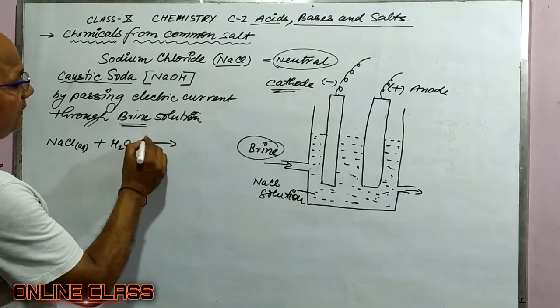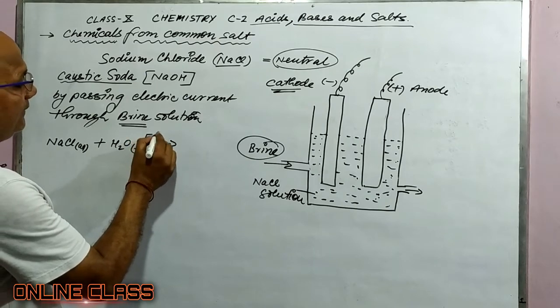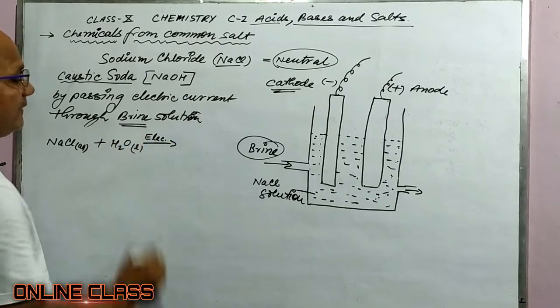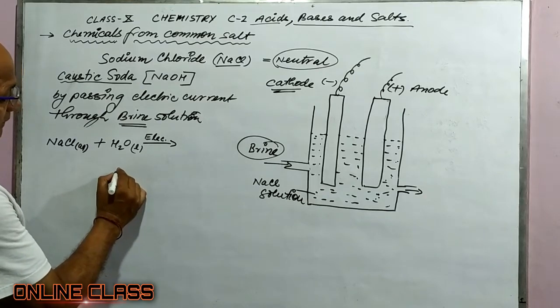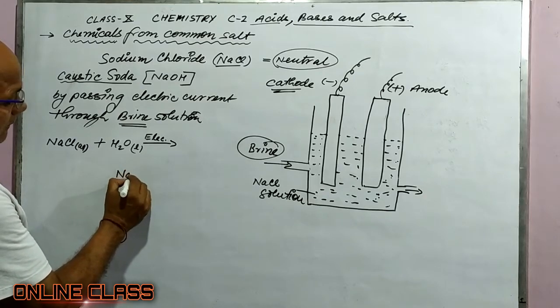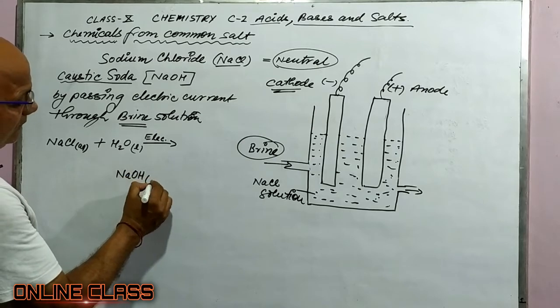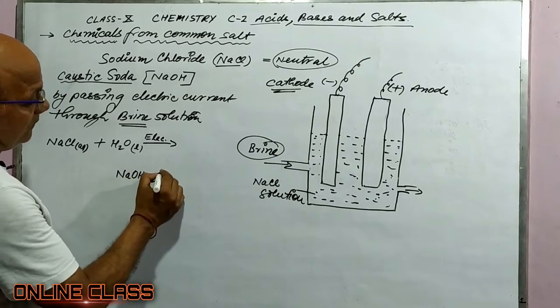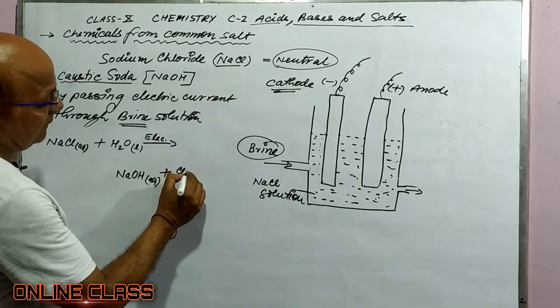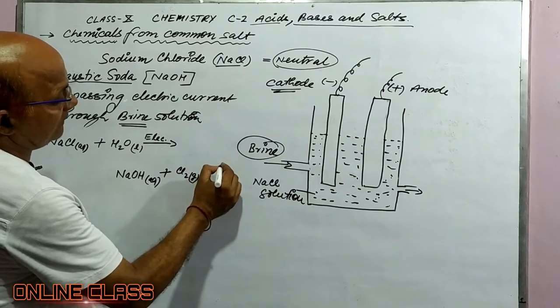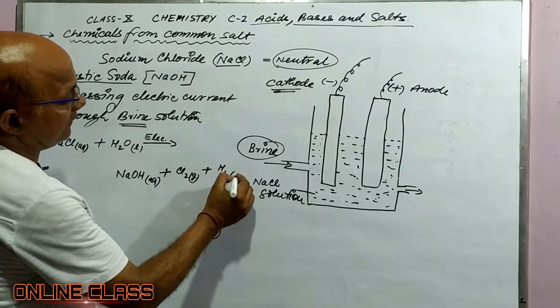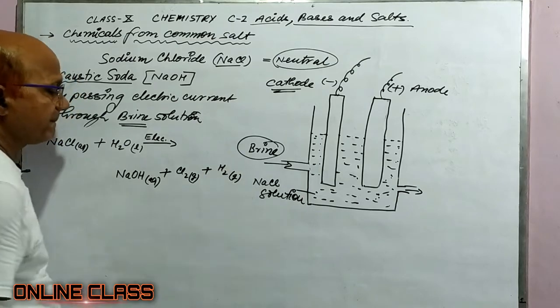On passing electric current, electricity, we get NaOH aqueous plus Cl2 gas plus hydrogen gas.